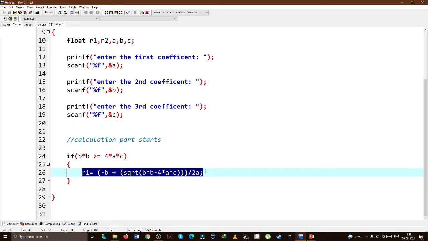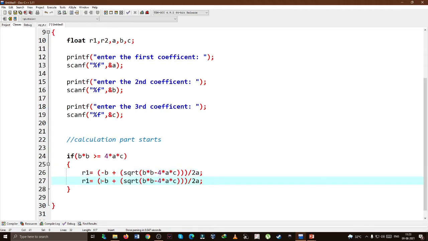Similarly, we will calculate our next root, that is r2. We will just copy it, and for the second root the plus will become minus: (-b - square root of (b^2 - 4ac)) whole divided by 2a.